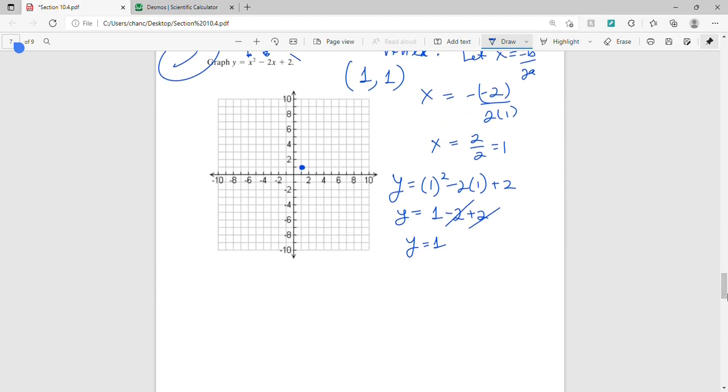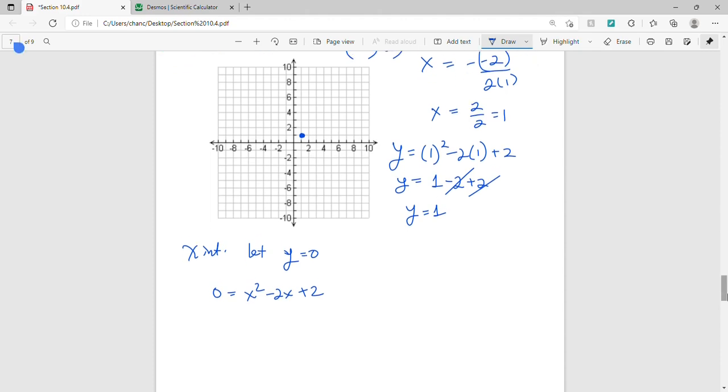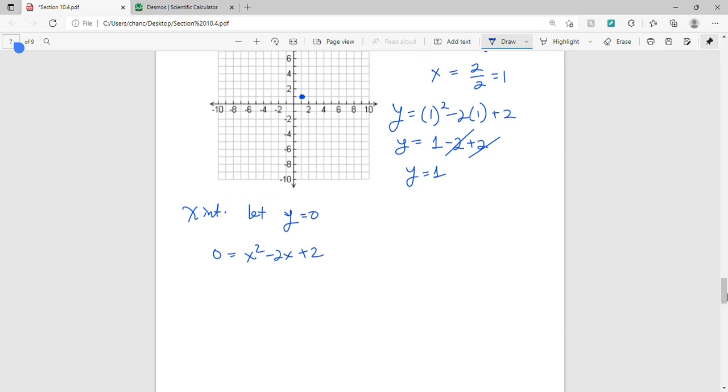The next step is to find that x-intercept. You're going to let y be equal to 0. And so 0 equals x squared minus 2x plus 2. Now, if you want to do this, you could either use the quadratic formula or complete the square. It is not factorable. Unfortunately, it's not factorable.